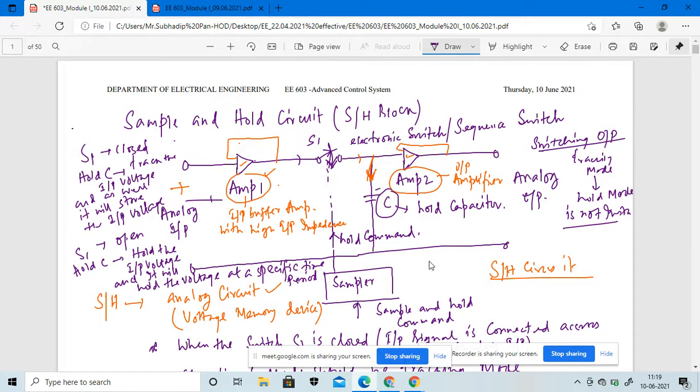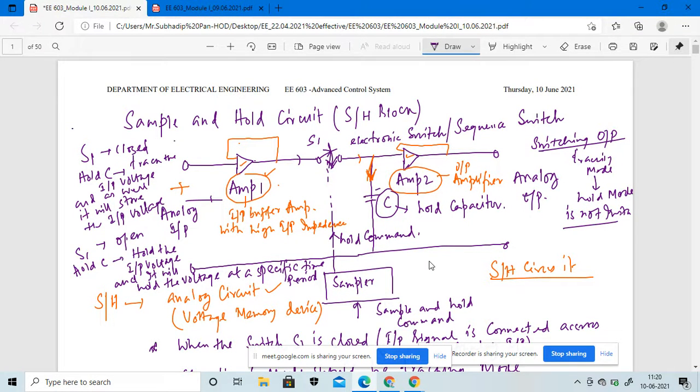It will act as a tracking mode circuit, although we are giving the command as a hold command, right? So the circuit will stay in a tracking mode for a short while before reacting to the hold command. So there must be a time interval span.